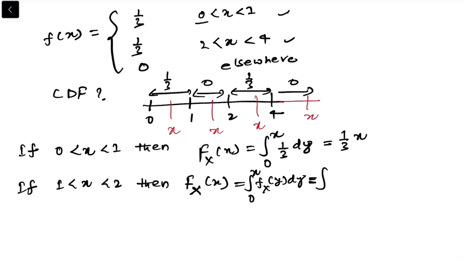So now we need to add the probability from 0 to 1, okay, and then we'll again integrate from 1 to 2. So this is from 0 to 1, and our PDF is 1 over 3 dy plus from 1 to x, and our PDF is basically 0 elsewhere, right? Elsewhere it is 0. So this is dy. So this is simply 1 over 3. Okay.